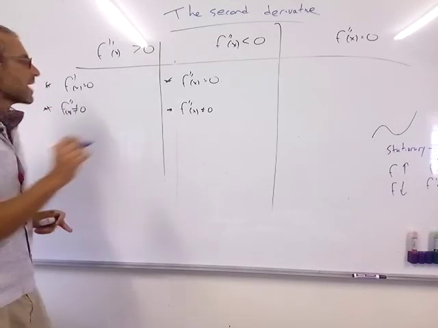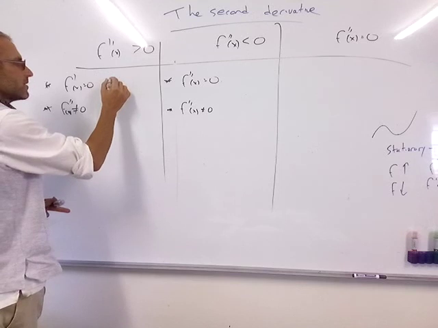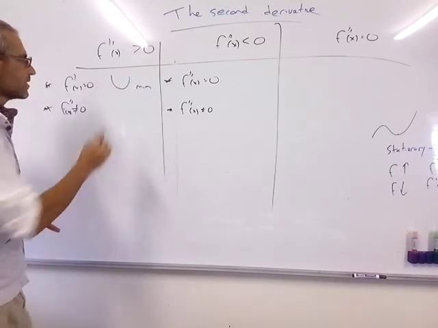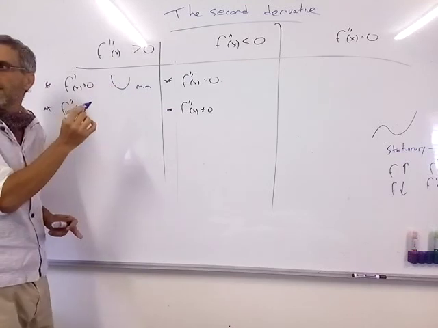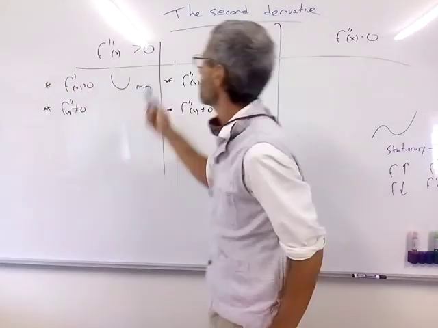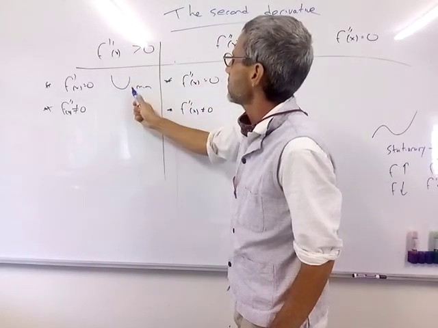How do I remember that it's a minimum? Because it's a smiley face. The second derivative is positive, so it's a smiley face.